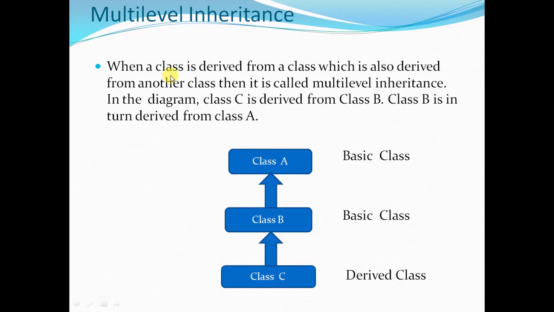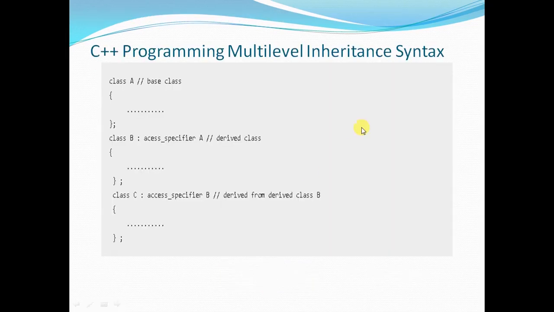Multi-level inheritance. When a class is derived from a class which is also derived from another class, it is called multi-level inheritance. In this figure, class C is a derived class of class B and class B is also derived from class A. So, class A is a base class of class B and class B is also a base class of class C. This is the syntax of multi-level inheritance.